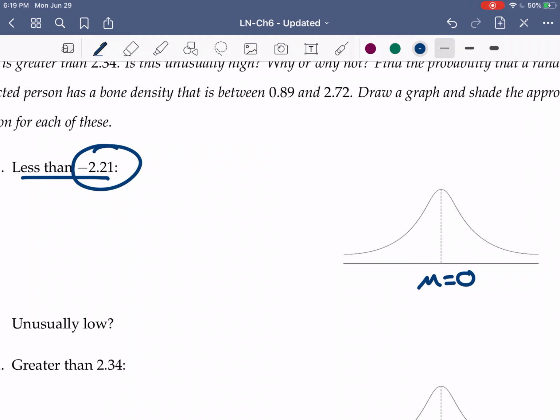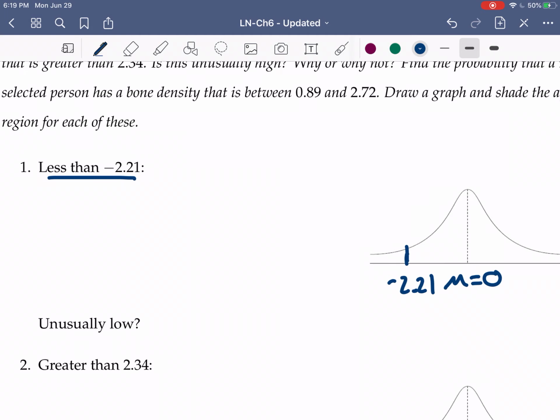And that would be to the left of this. So negative 2.21 is somewhere over here. And we want to find the probability that it is less than negative 2.21. So we want the area under the curve to the left that is less than negative 2.21.